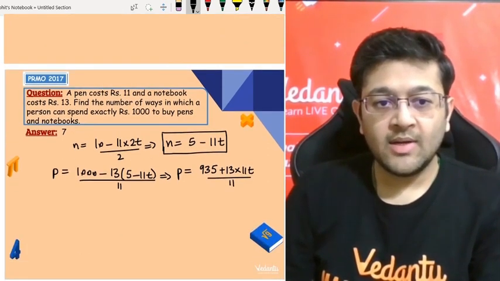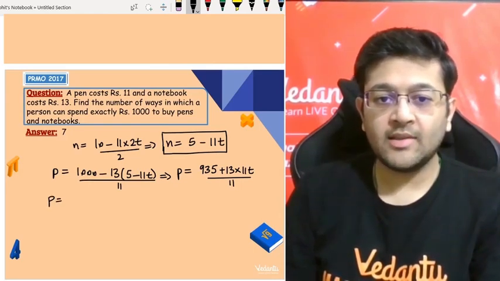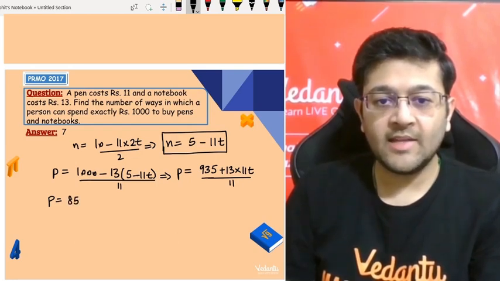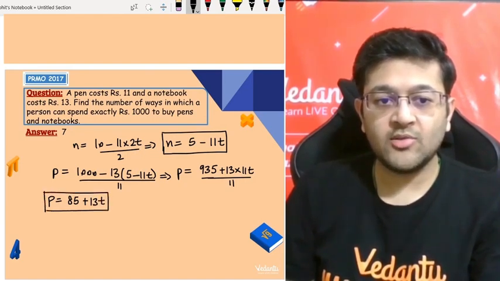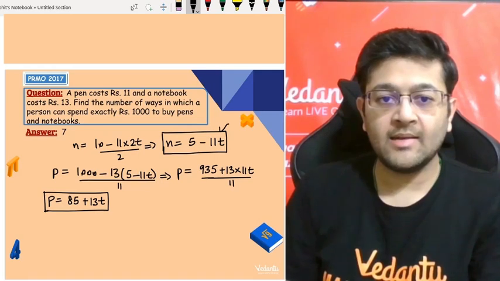So let's solve it more. So p can be written as, it will be divided by 11 now. 935 will be divided by 11. It will give us 85 plus 13t. So I have got the general solutions of both p and n.